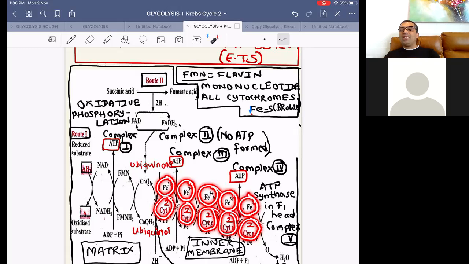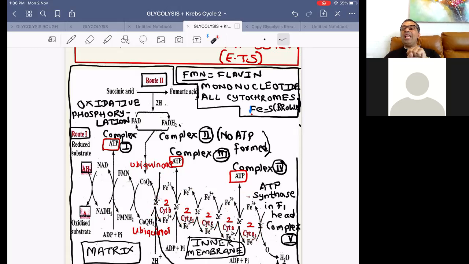Anything very positively charged will have a great affinity for electrons. So electrons are accepted by cytochrome B because they are in the Fe triple plus state and have a very high affinity for electrons.